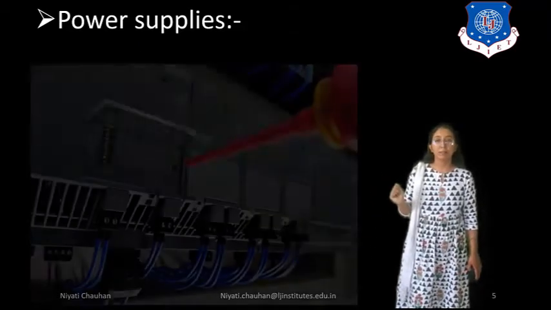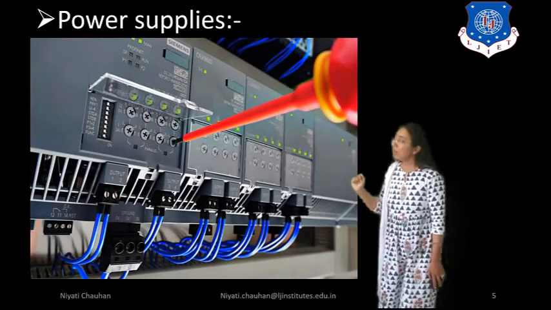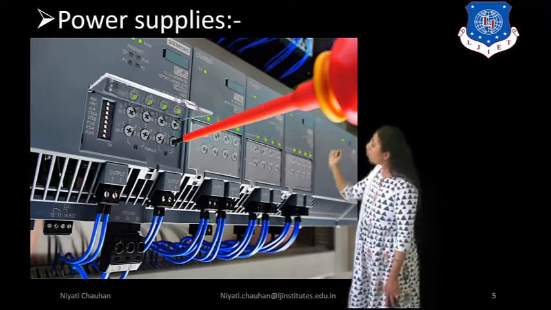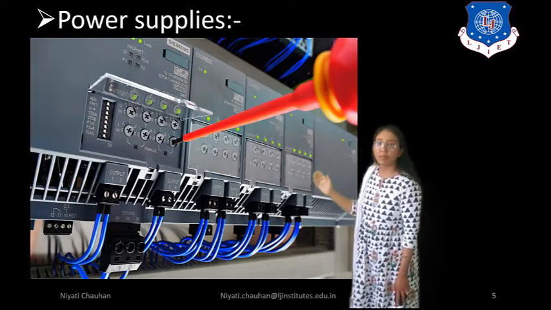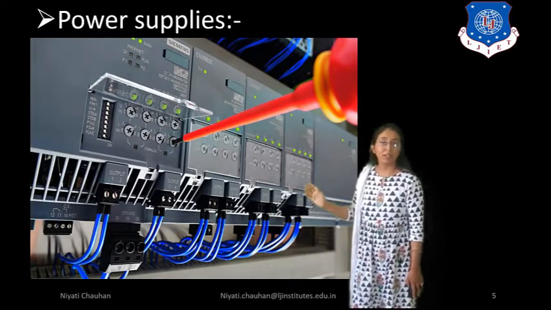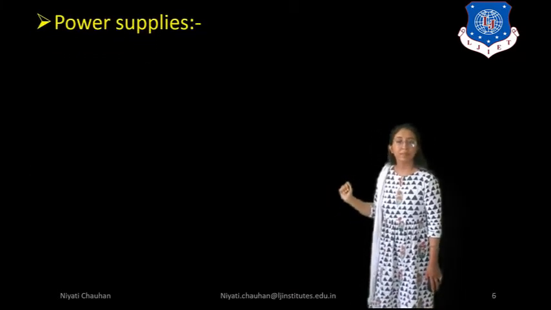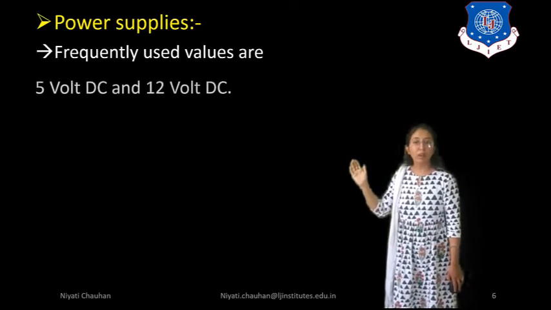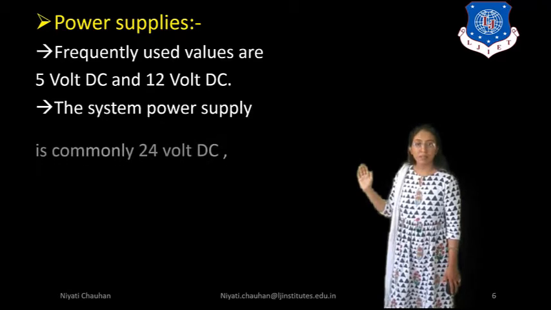Next, our topic is power supplies. Here you can see in the diagram, in DCS, the power supply is mounted in the form of a rack. Through the power supply, all devices in our DCS are running. Frequently used values are 5 volt DC and 12 volt DC.